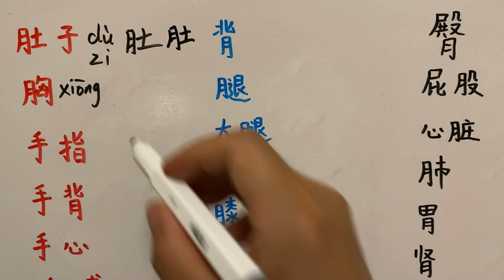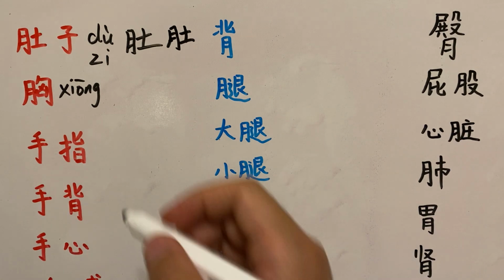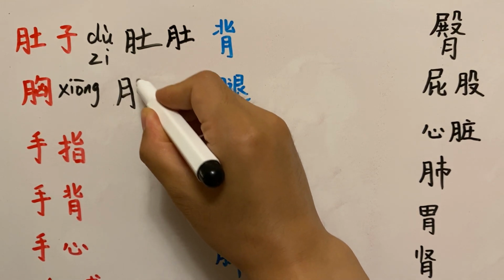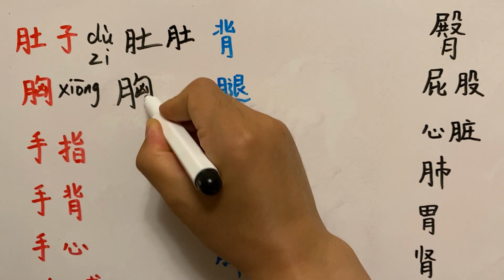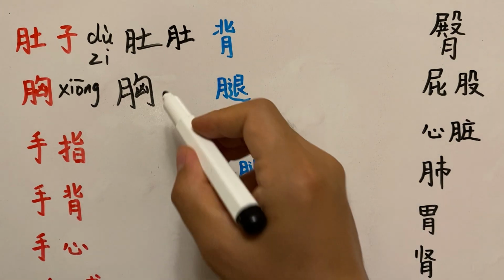This one also starts with the same left part as 肚, right? 月. The left part, the right part. The right part gives the sound of this 胸.